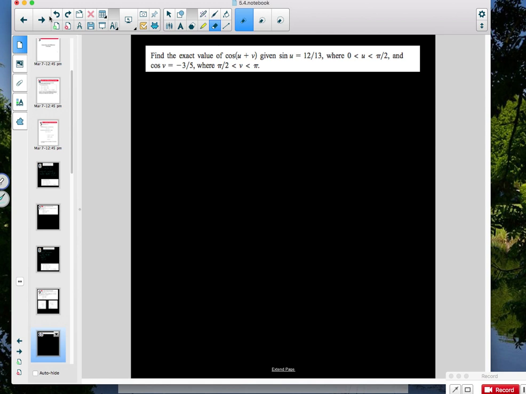So the first diagram will be the u in quadrant 1. We know that sine of u is 12 over 13. Sine is opposite over hypotenuse, which is 12 over 13. So what is going to be the adjacent?